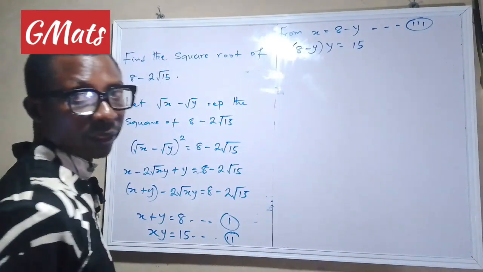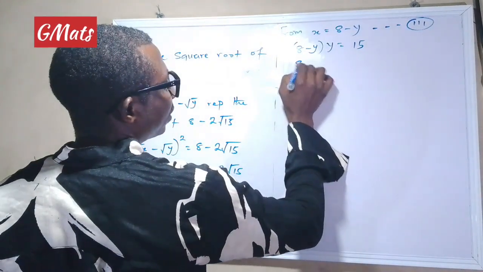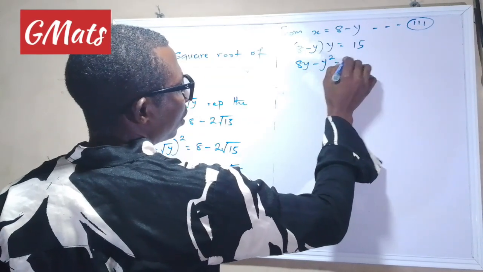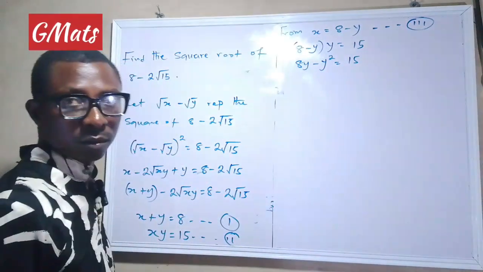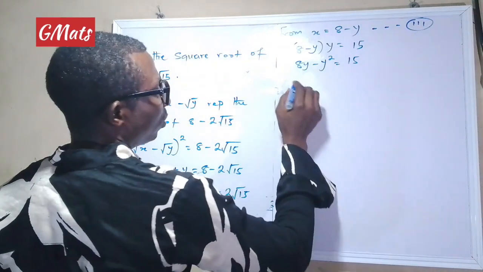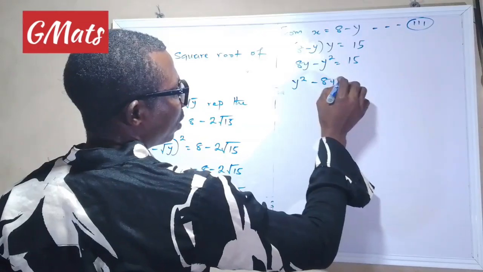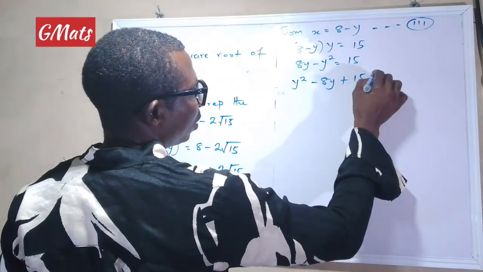So you open the brackets. We have 8y minus y squared equals 15. Let's move all these things here. So we have y squared minus 8y plus 15 equals 0.